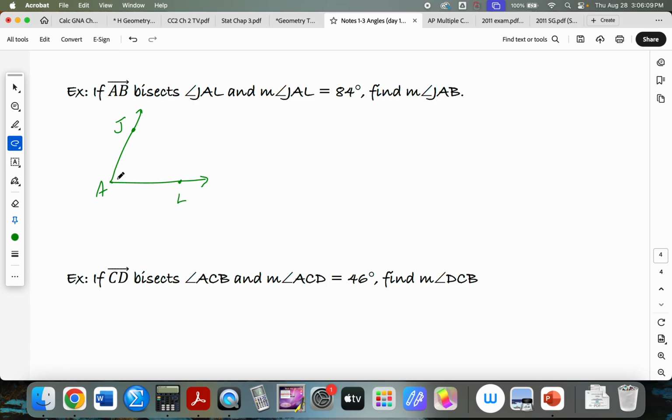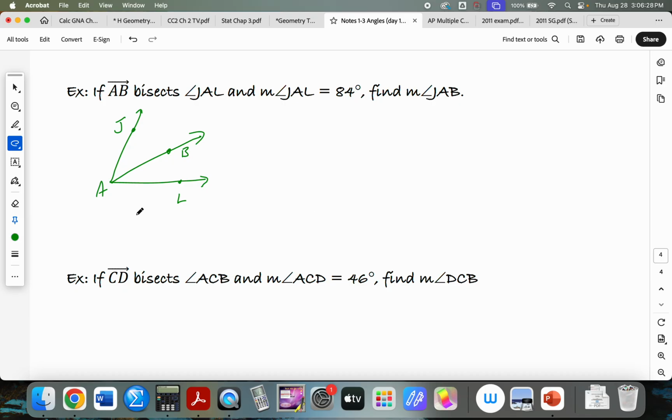Then grab a meat cleaver and slice it into two parts. We know the measures of those two parts are the same.